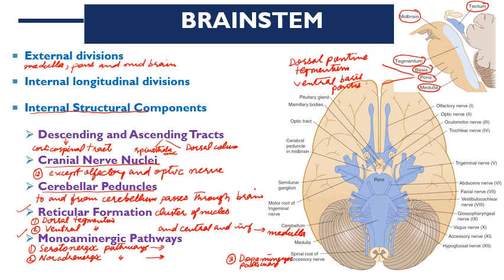Serotonergic pathways arise from the raphe nucleus of pons, while the noradrenergic pathways arise in the lateral reticular formation plus from the locus ceruleus.